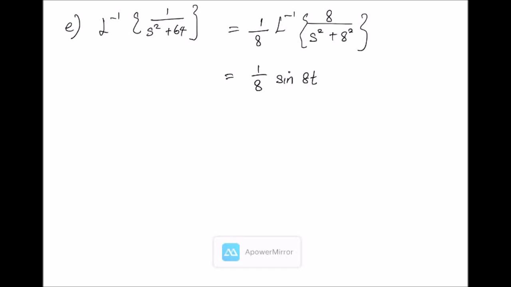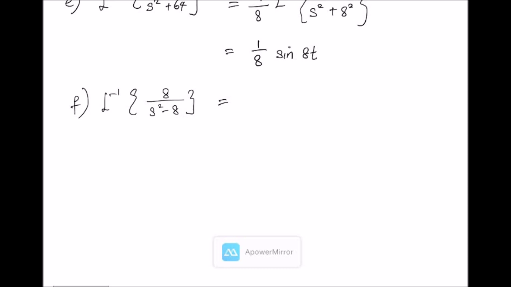And then question number F. Inverse Laplace transform of 8 over s squared minus 8. So we need to find the square root of 8 here. So equivalently, inverse Laplace, I have s squared minus the square root of 8 squared.